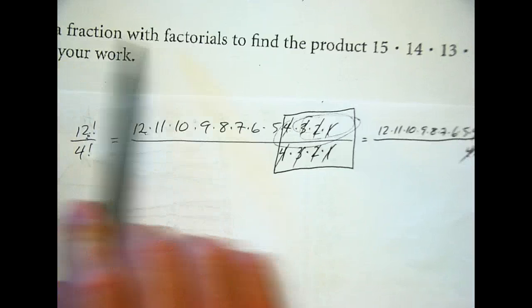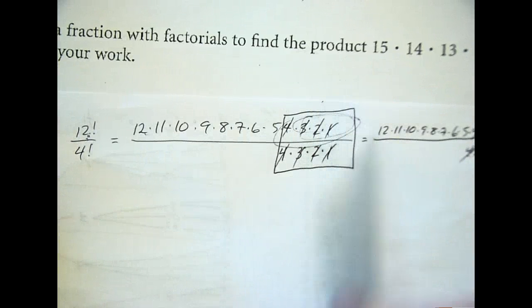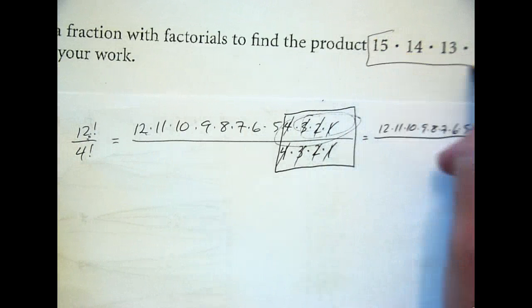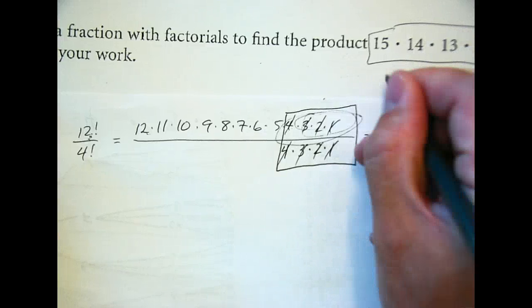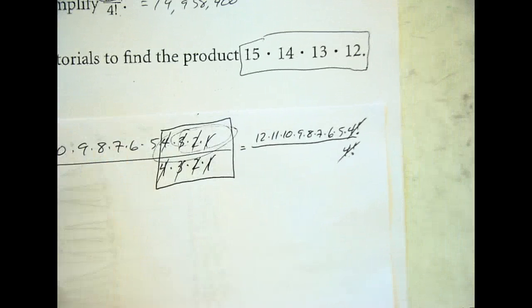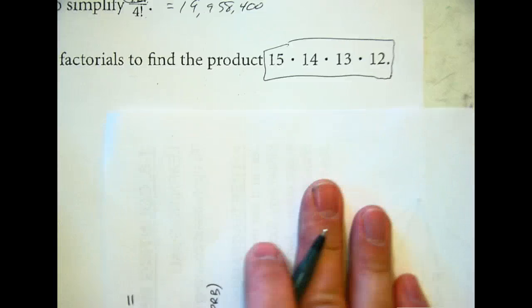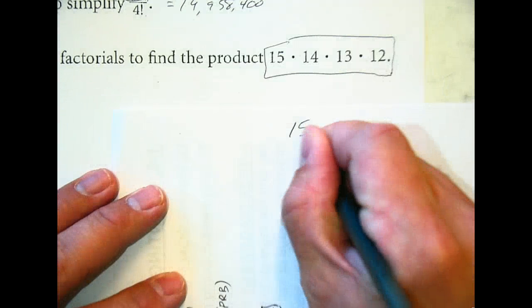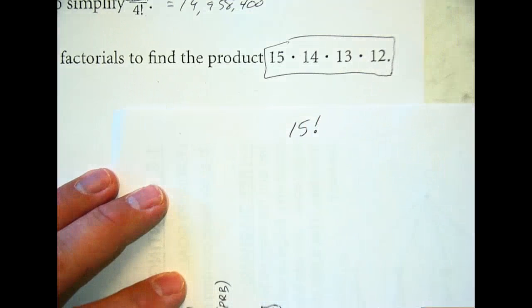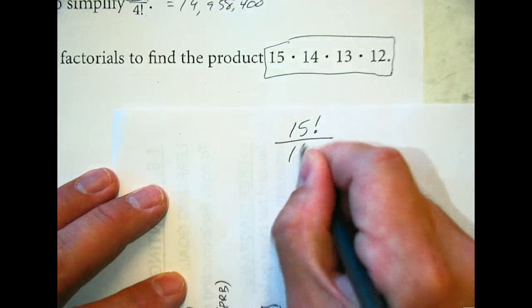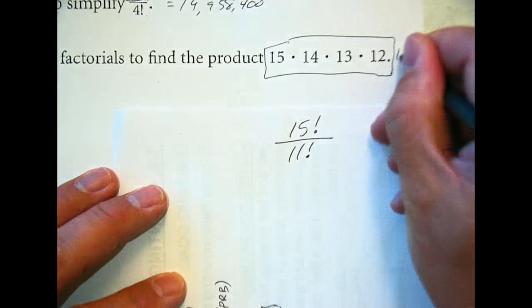Write a fraction with factorials to express this. So first of all, that piece right there is like having 15 factorial, correct? Except for what part are we missing? 11. We're missing the 11 factorial at the end.